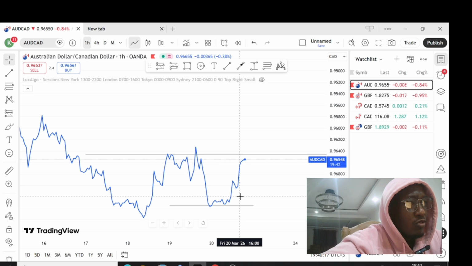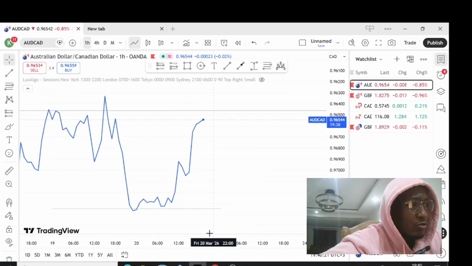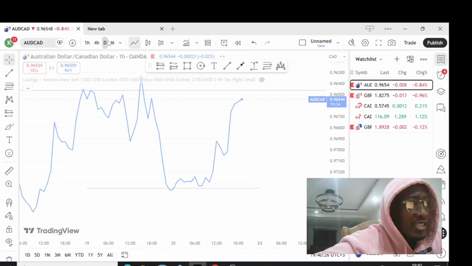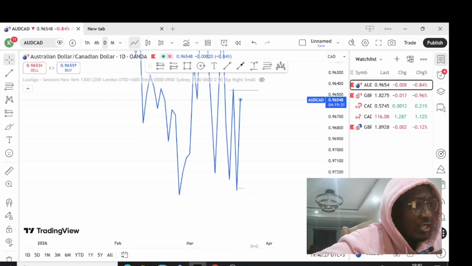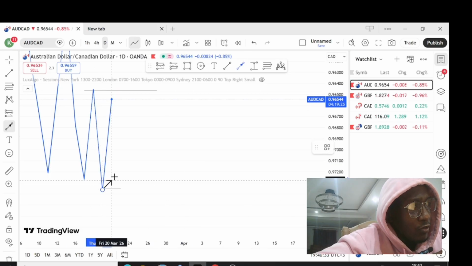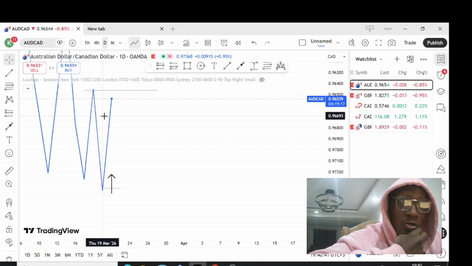For me to know the accurate direction of the market, I knew that on the daily the market was showing signs of climbing up, going from this point. It was showing signs of climbing up, which verified my analysis that the market was going for buys.